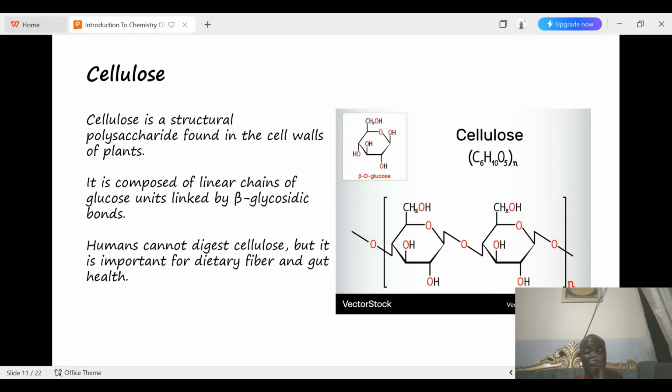In the case of cellulose, the glucose units are joined together by beta glycosidic bonds. So humans cannot digest cellulose, but it is important for dietary fiber and gut health. Gut microorganisms can use it to break down and generate glucose for us when there is a need.